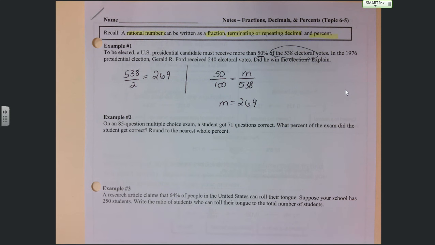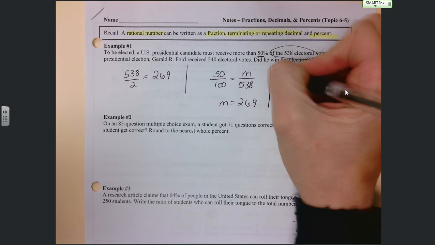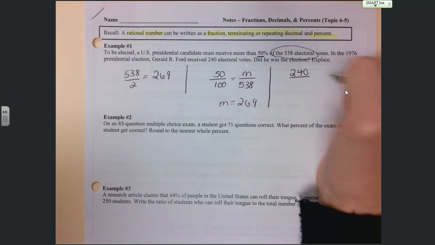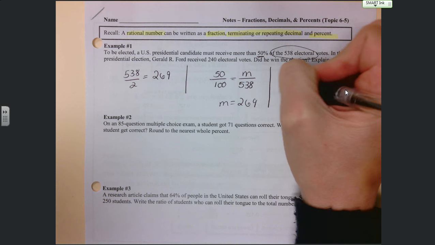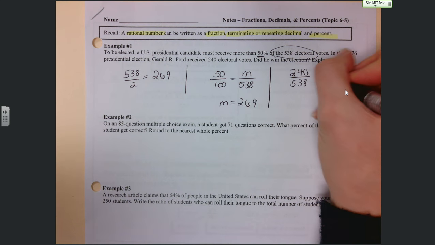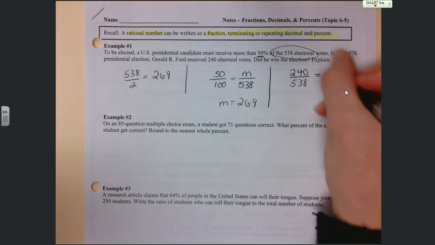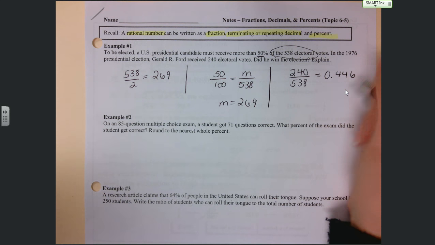Or you could figure out yet another way: Ford did actually receive 240 votes, and he received 240 votes out of the 538. So when I just said out of, that means I'm setting up a division problem. And when I divide that out, that's going to give me 446 thousandths, which to change from a decimal to a percent, I'm going to multiply by 100.